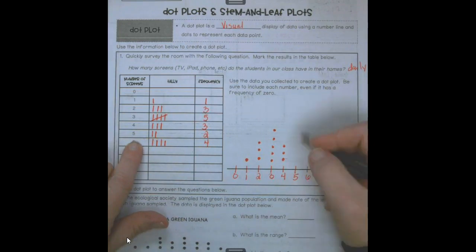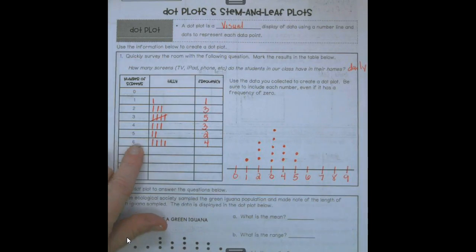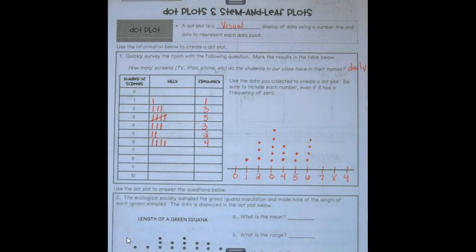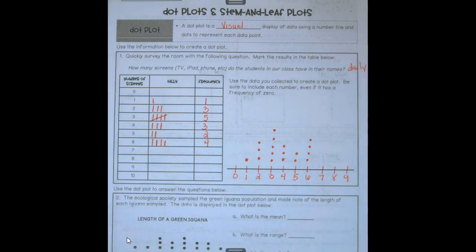Above the 5 is going to be 2 dots. Above the 6 is going to be 4 dots. That is our dot plot. That was pretty easy. You can see who has the most, who has the least, who has none.